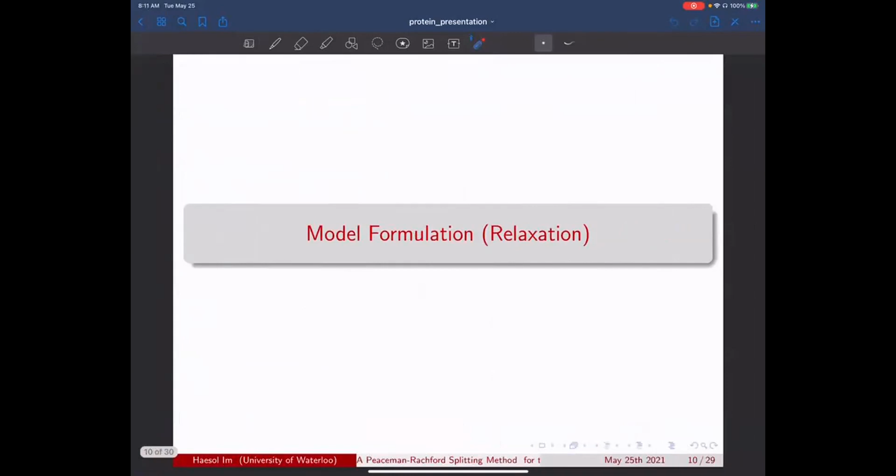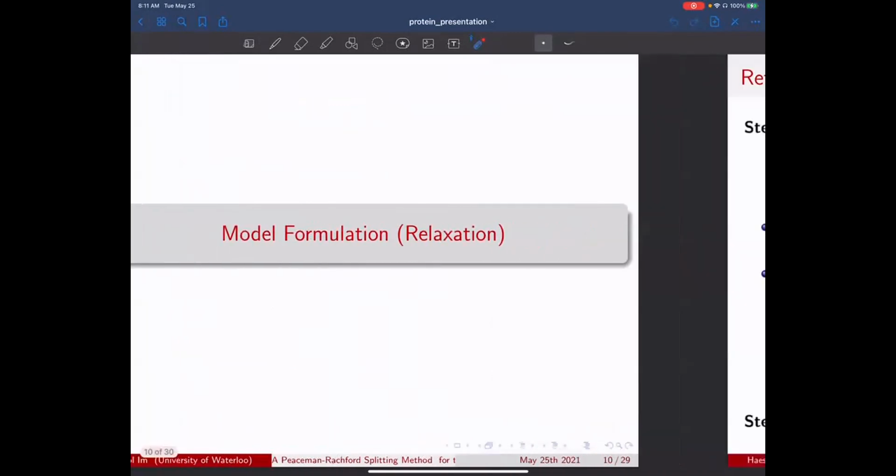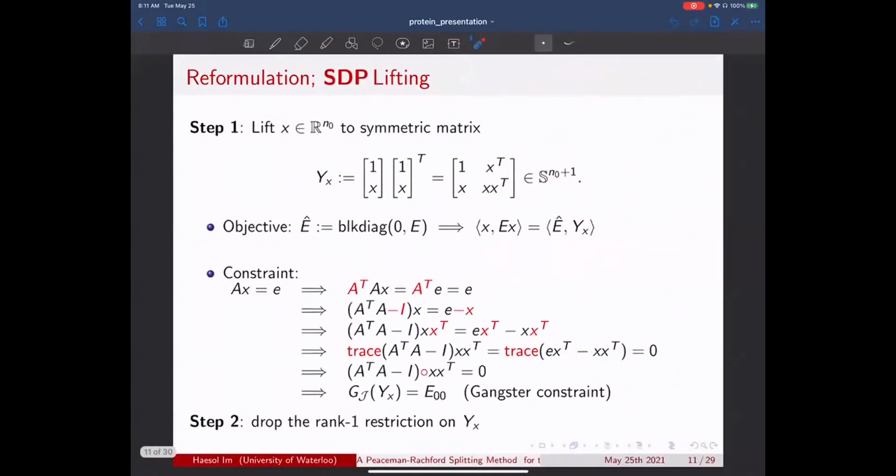Now let's see how we formulate a relaxation of this binary quadratic problem. We're going to use SDP relaxation, and the first thing to do is to lift the variable. We had this vector x that has N0 coordinates and they're binary.